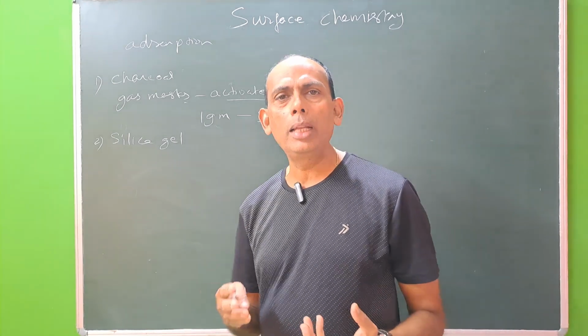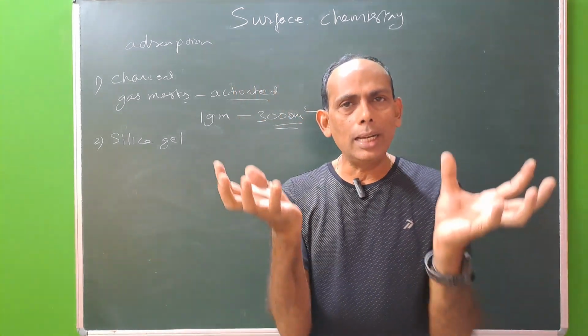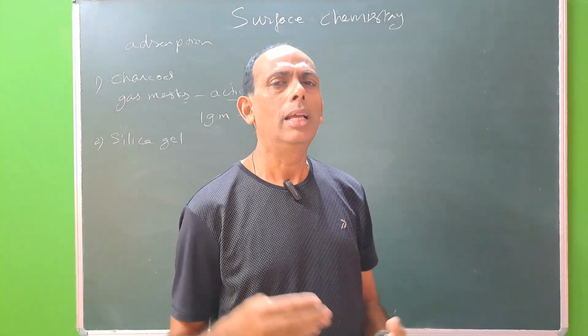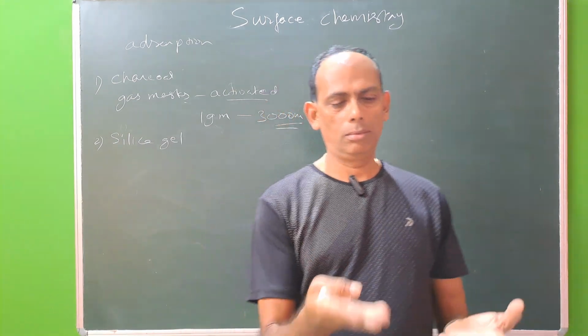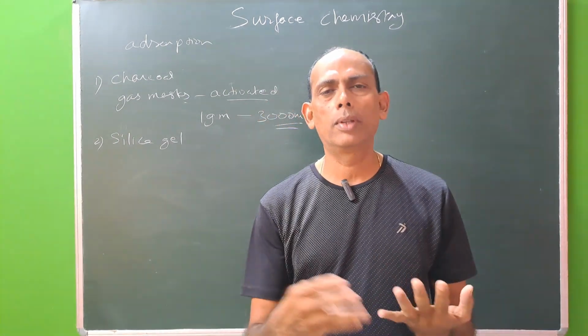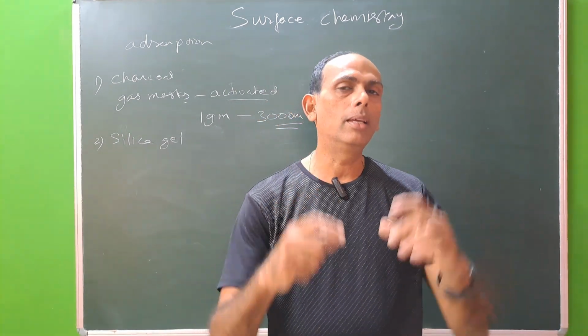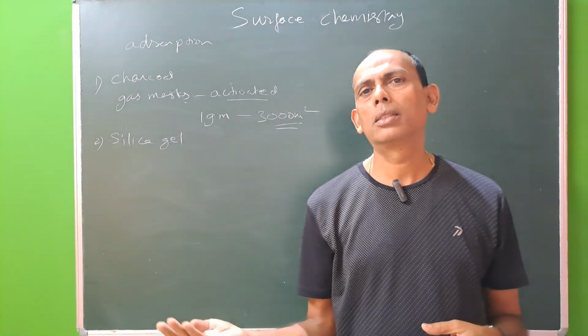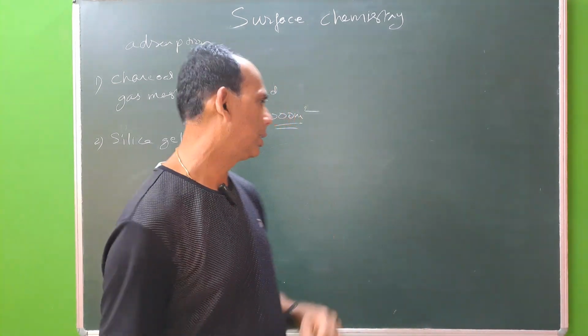This has a special property. It is designed such that it absorbs moisture so that it doesn't harm your items. You will find this in electronic instruments, in clothes packing, maybe in some food packets. This is very common, silica gel.